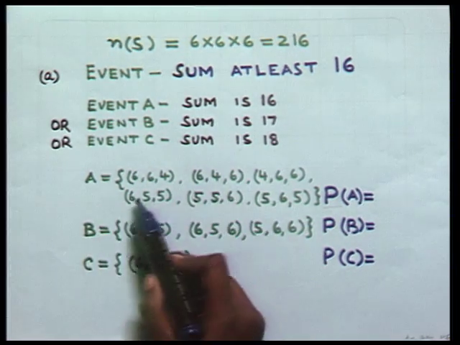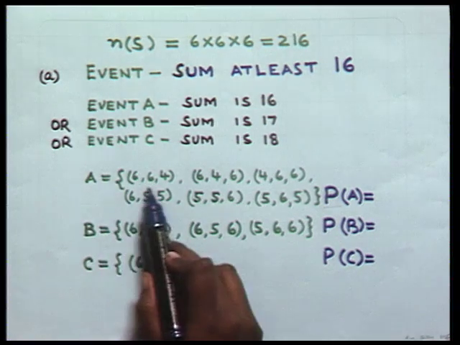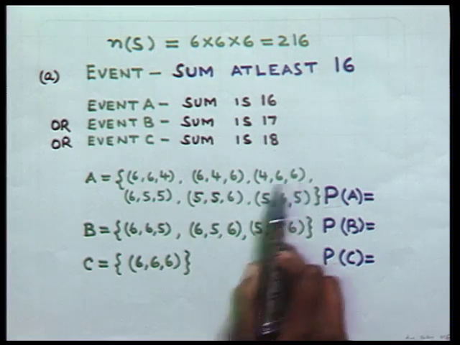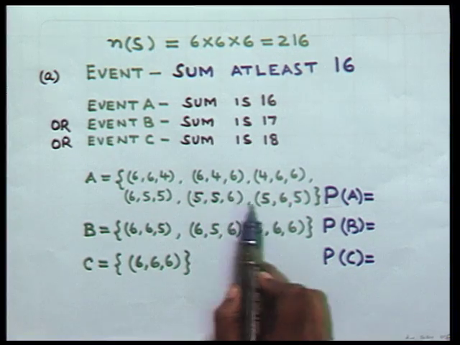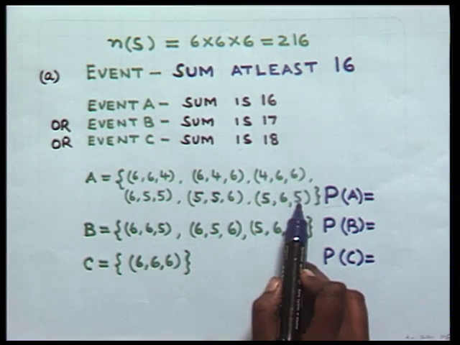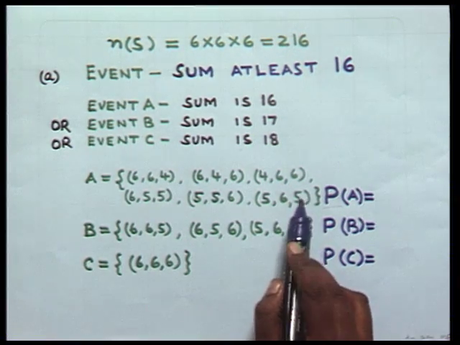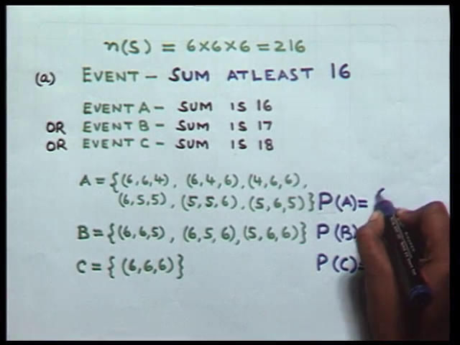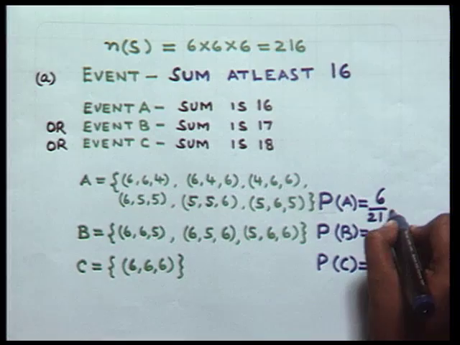The favorable outcomes for the first event, that is event A, will be 664, 646, 466, 655, 556 and 565. That means that there will be 6 favorable outcomes for event A, and therefore, probability of event A is equal to 6 upon 216.